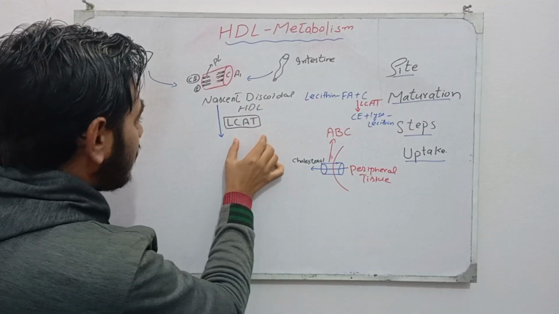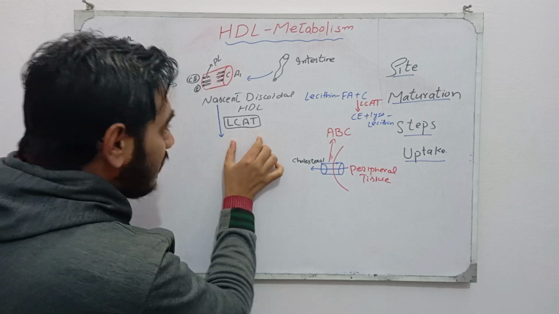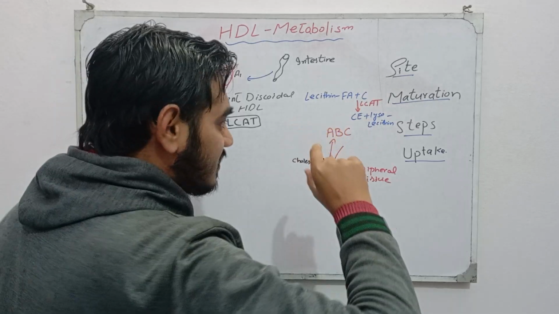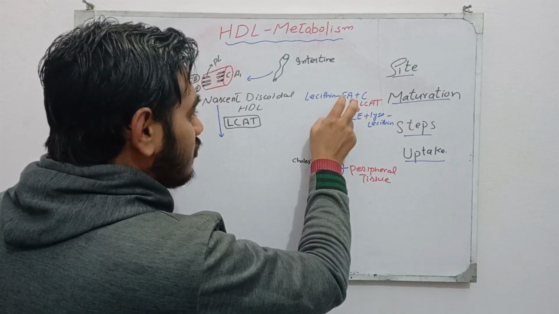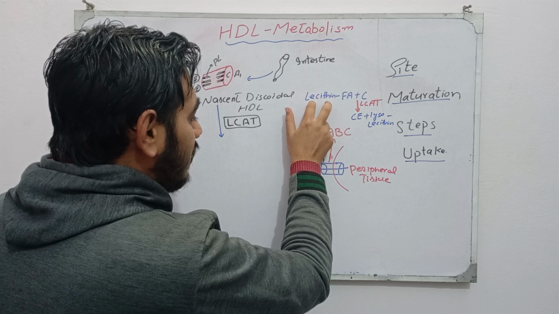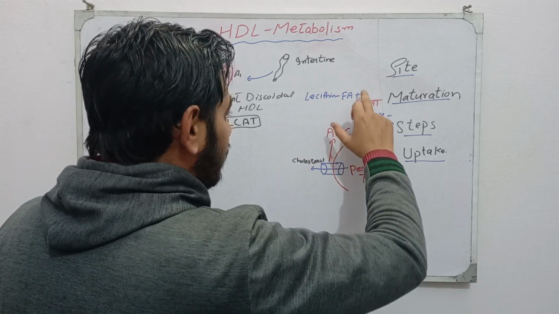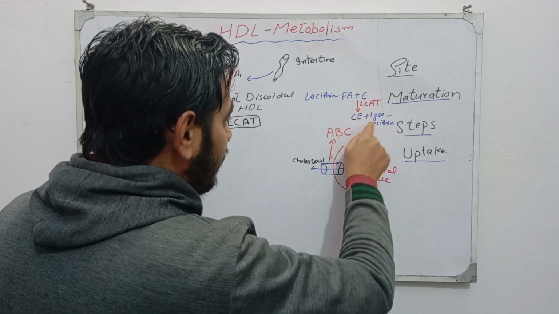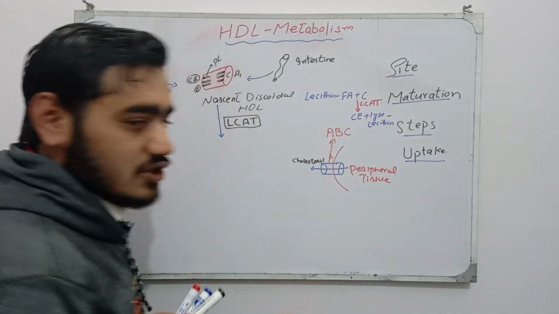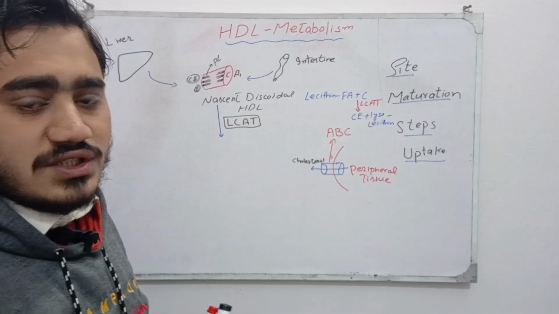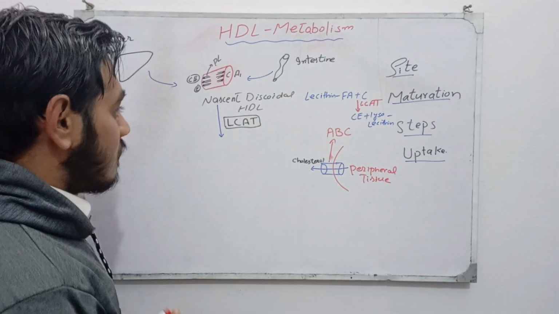This enzyme is responsible for the esterification of cholesterol. The unsaturated fatty acid attached to carbon number 2 of lecithin transports toward the third position of cholesterol and converts into cholesterol ester and lysolecithin. This is the function of lecithin cholesterol acyltransferase enzyme.